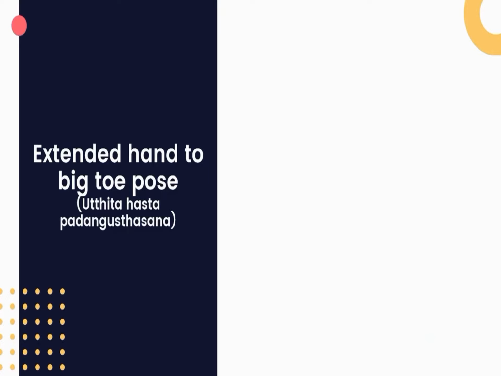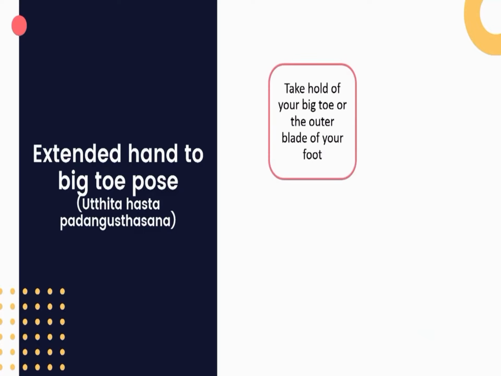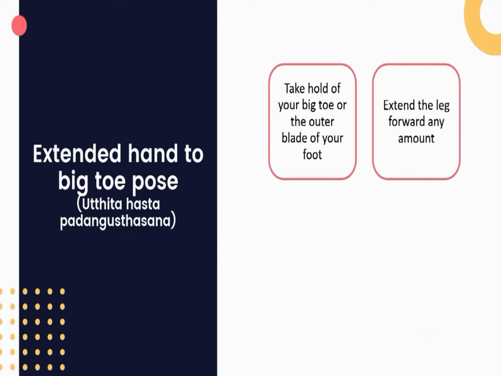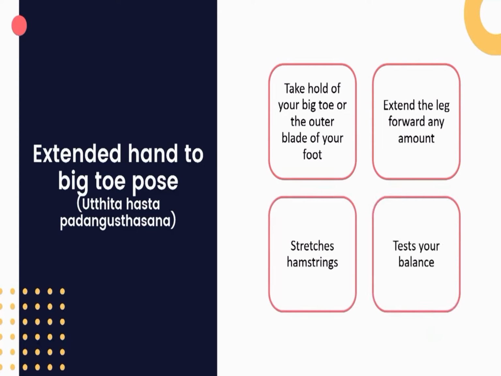Once you feel stable, reach your right hand toward your right foot. Depending on your hamstring flexibility today, either take hold of your big toe with your peace fingers as discussed previously, or the outer blade of your foot. Extend the leg forward any amount that is available to you today. Another wonderful stretch of the hamstrings and test of your balance.